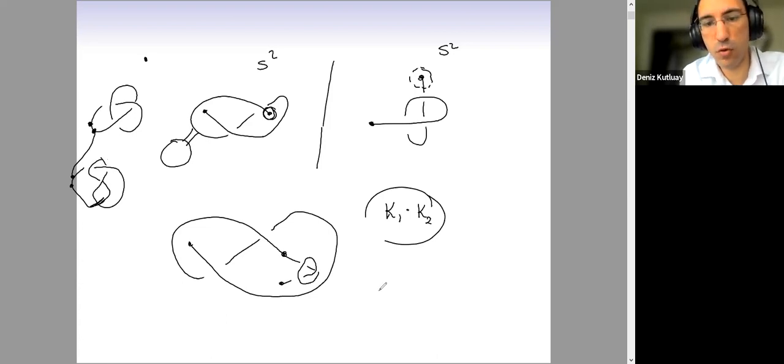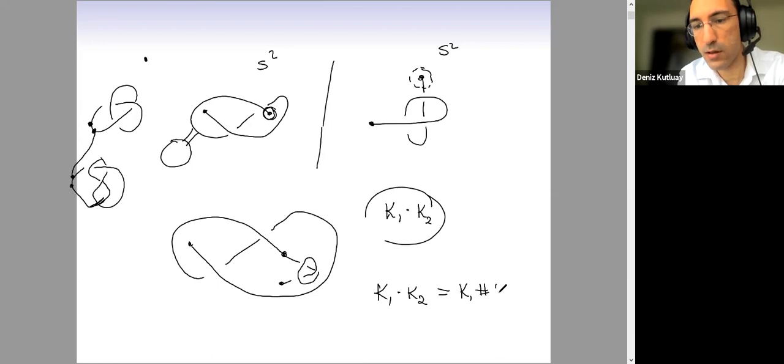So multiplication of two knots, if K1 and K2 are two knots, their multiplication is equal to the connected sum K1 plus K2, if you consider them as just knots.